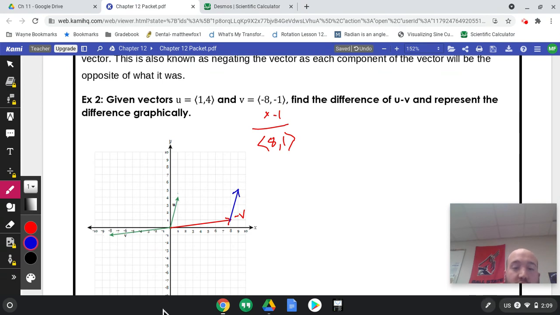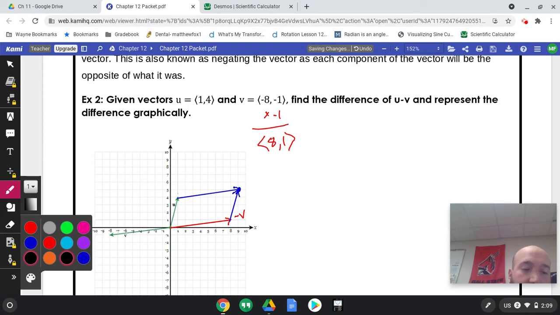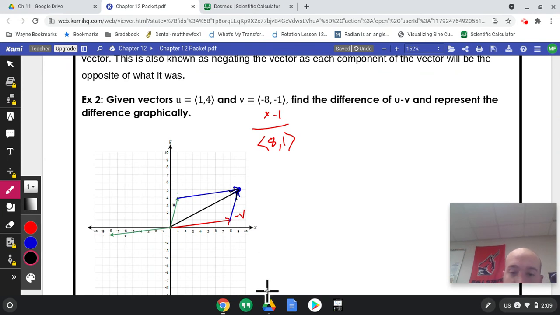Or remember, we could have gone over 1, up 4 from the -v. Doesn't matter. Either way, we're going to end up right there. So in black here, I'm going to graph that vector, which as you can see, is over 9, up 5.